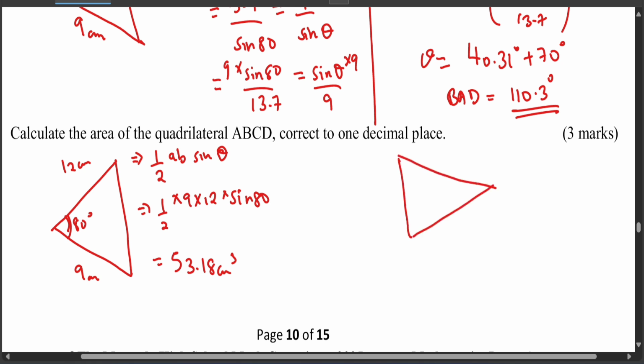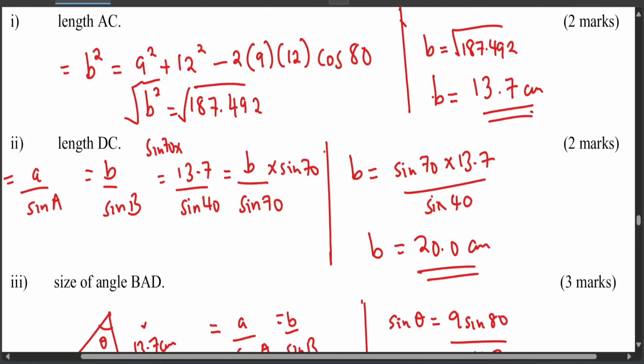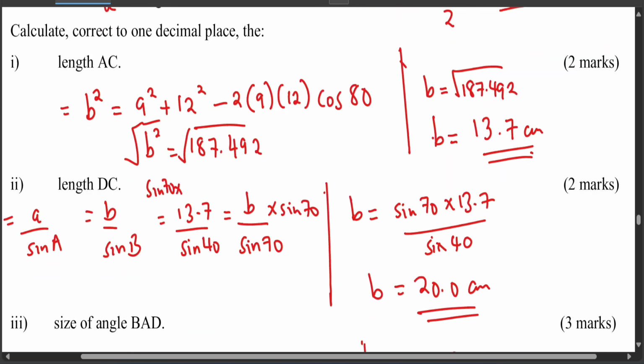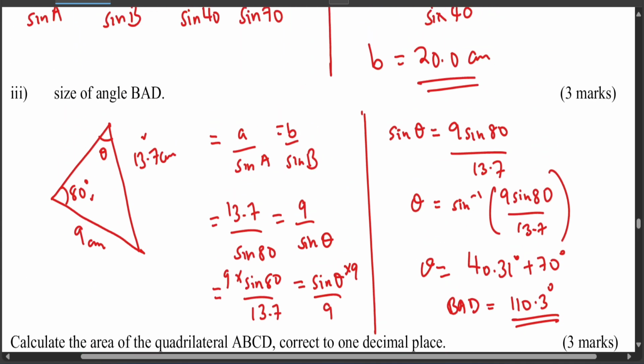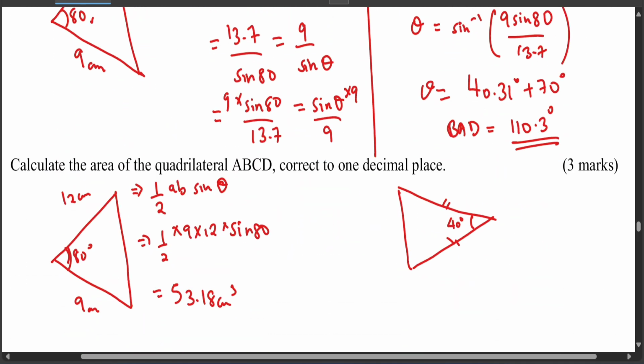Remember pia kuna triangle lingine. So in which ile triangle lingine ni isosceles. Obviously waweza tumia half base height, but as well yani waweza tumia half AB sin theta. So ukiangalia hapa, you have 40 degrees as your angle. You also have the side as well. We already calculated the side and we say the side is 20.0. So this is 20.0. Also this one will also be 20.0 centimeter. This side is irrelevant to us when calculating the area of the triangle.